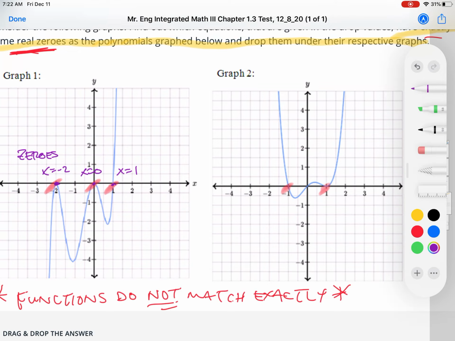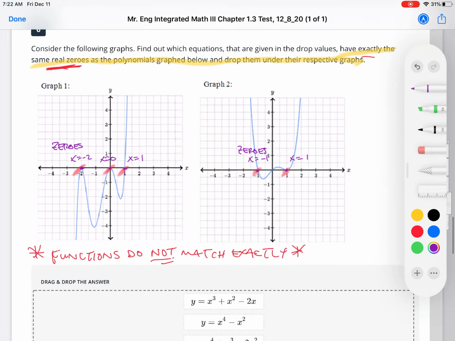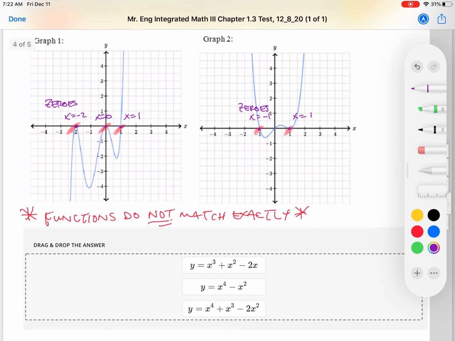This one has zeros at x equals -1 and +1. Okay? So let's take a look at this one in green.